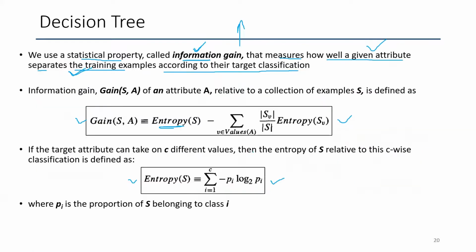Okay, so how to read this Gain(S, A)? A is our attribute and S is our sample space, a set of examples.